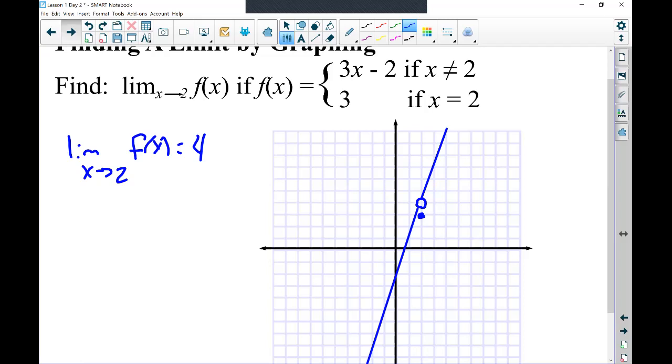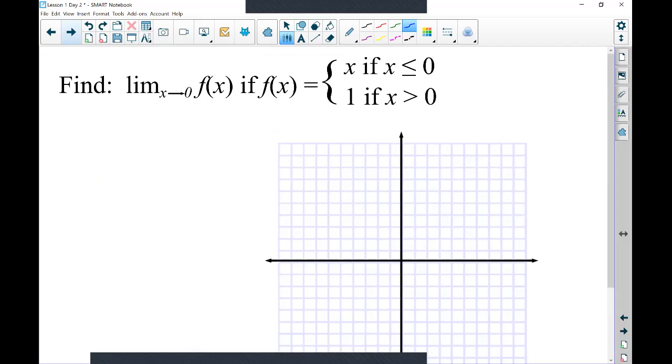All right, another one. So here, we want the limit as x approaches 0, and our function is x when x is less than or equal to 0, and 1 if x is greater than 0. So graphing this, at 0, 1, I would put an open circle because it's not 1 when x is 0.